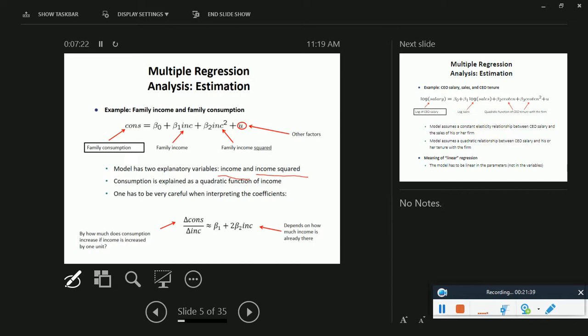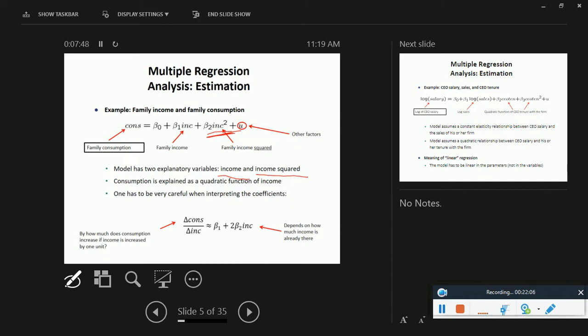Consumption is explained as a quadratic function of income. Why quadratic? There is a squared term, right? And one has to be very careful when interpreting the coefficients, which is the change in consumption with change in income. When we are doing that, it's like a differentiation.